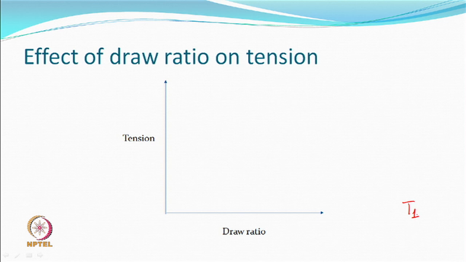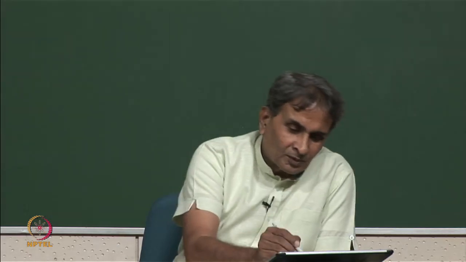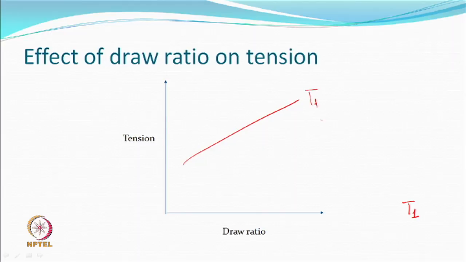Increase the draw ratio, what will happen to T1? It will increase. There should not be any doubt. You are doing nothing except pulling. So, that has to directly result in the increase in tension. Twist was still an indirect method of increasing tension. Here it is almost, the more you stretch, the more is the tension. So, T1 will follow this.